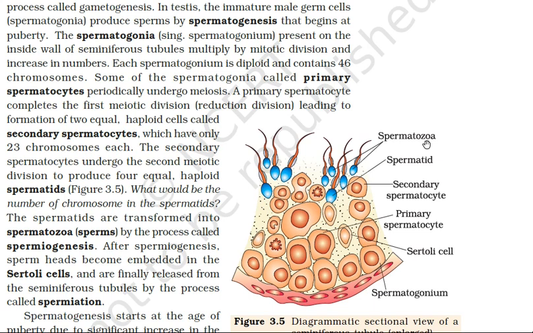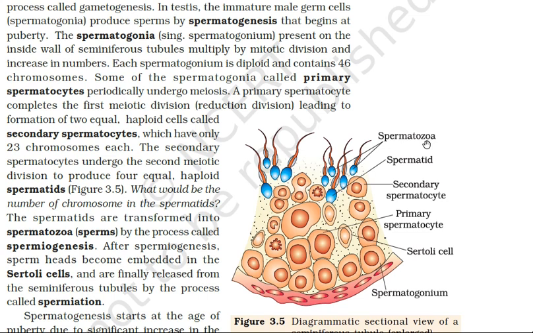Now the spermatogonia give rise to two types of cells, type A spermatogonia and type B spermatogonia. The type A spermatogonia continue as stem cells; they serve as the stem cells of the spermatogenic lineage.